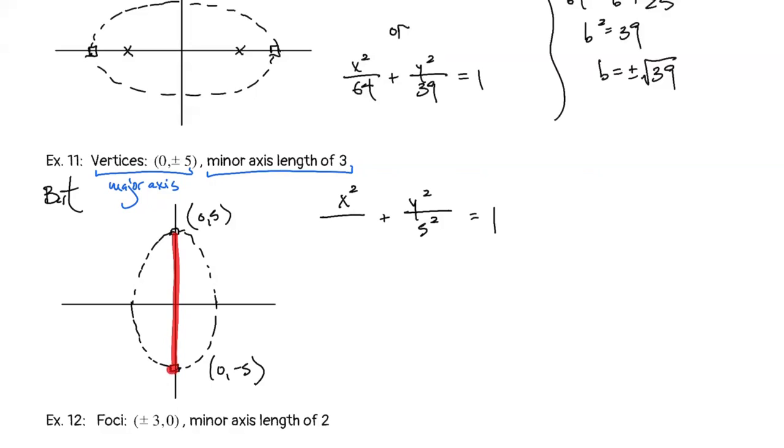It has a length of 10 because it goes from one vertex all the way to the other vertex. We measure the minor axis in the same way. This whole distance is the minor axis length.